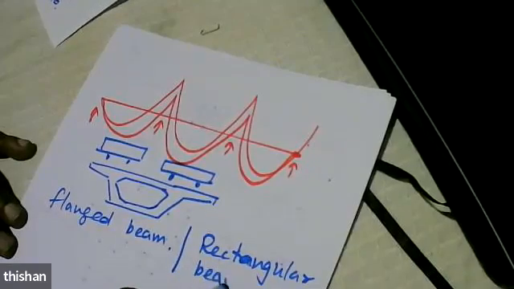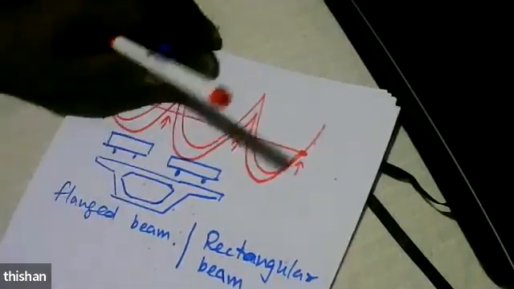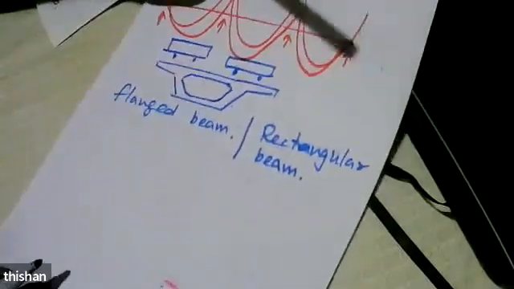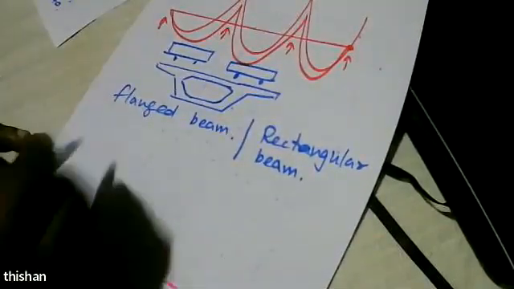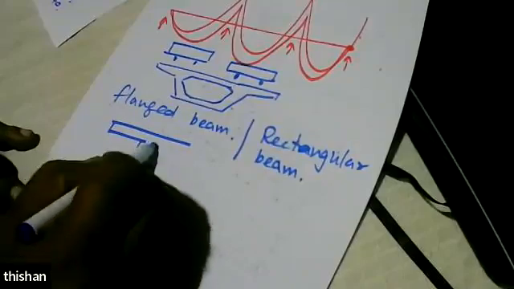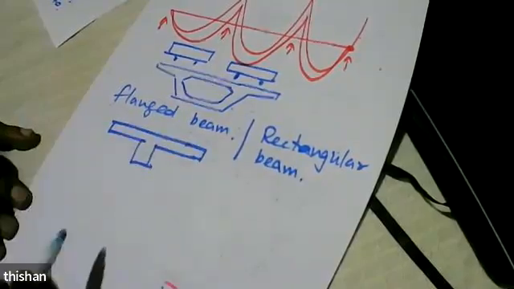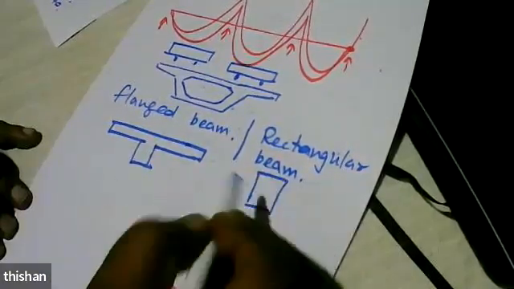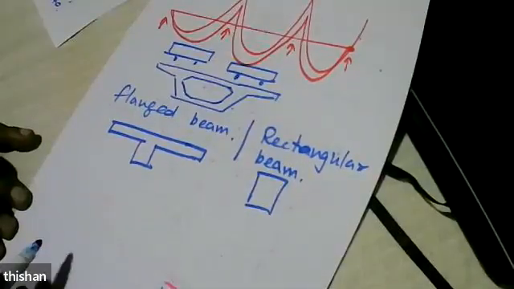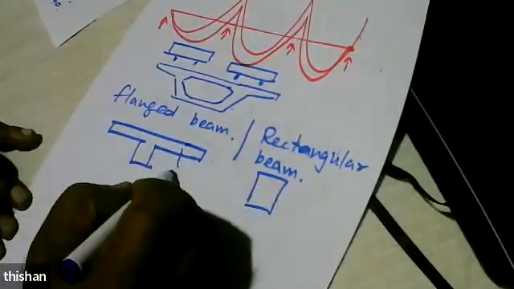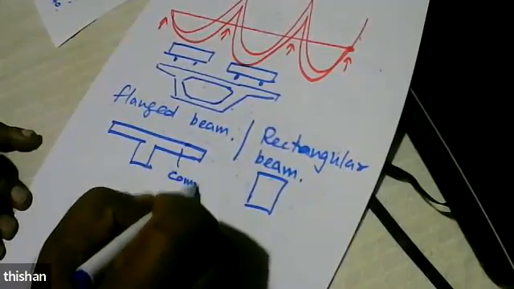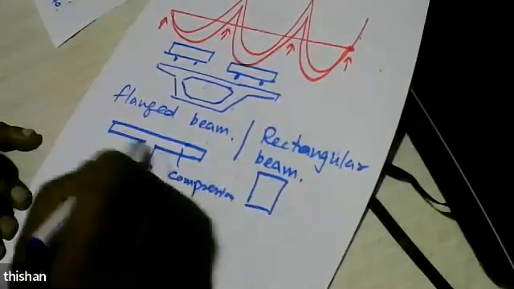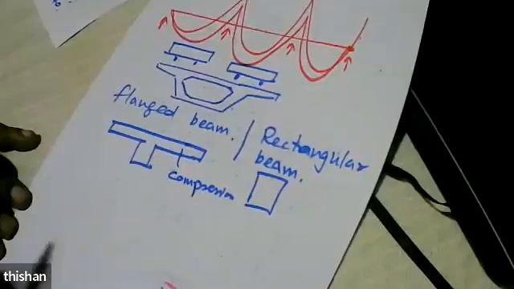We all know the flanged beam is better. Why? Because concrete is a material that can carry compression. And if you have a flange, it is more efficient than a rectangle. Why? Because the concrete is there to carry compression. And when it is subject to sagging moments, what do you get?